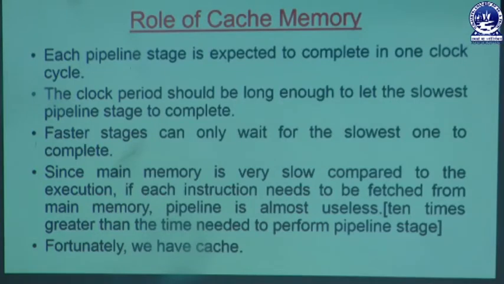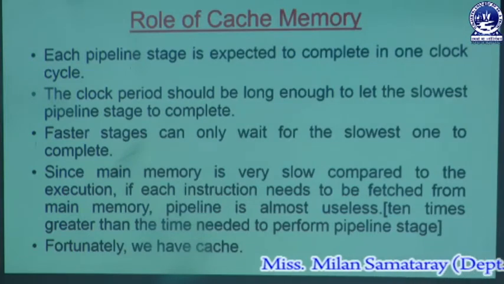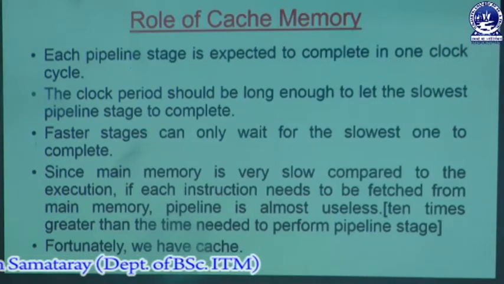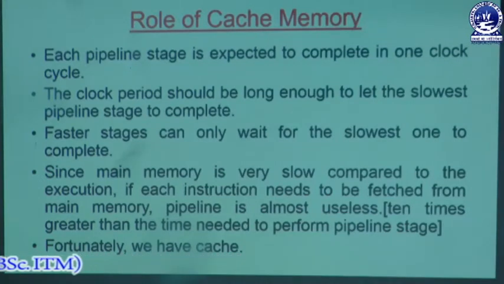As we know, when we divide an operation or process into its sub-processes, the clock cycle has to contain that amount of time so that the slowest operation can be completed, and the faster stages can only wait for the slowest one to complete.